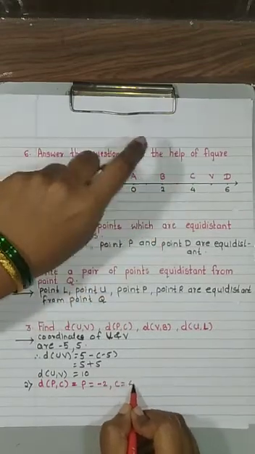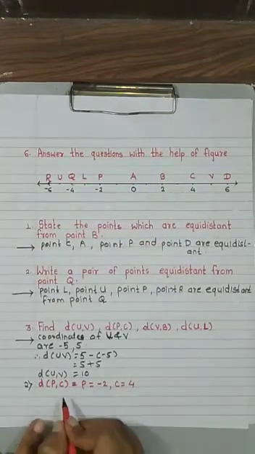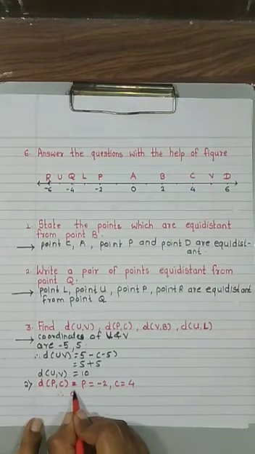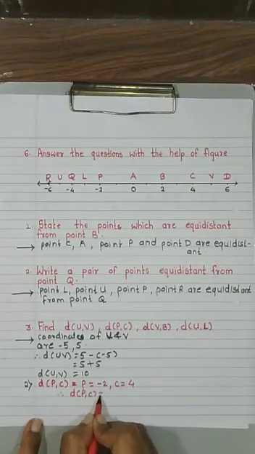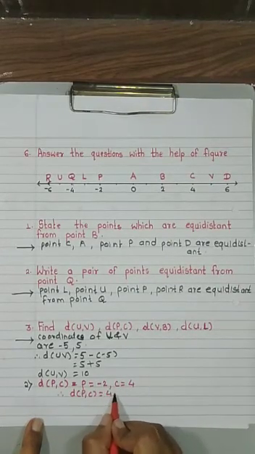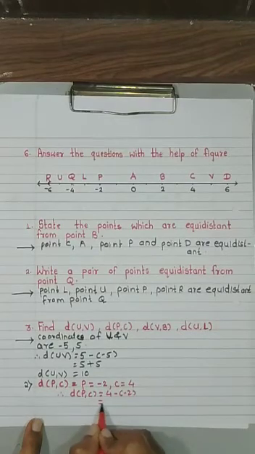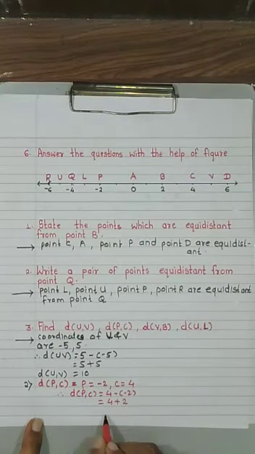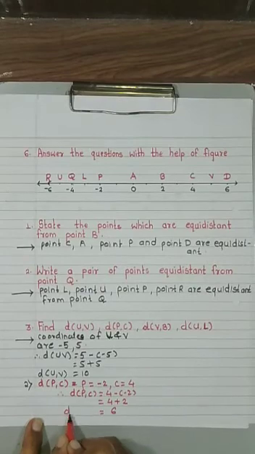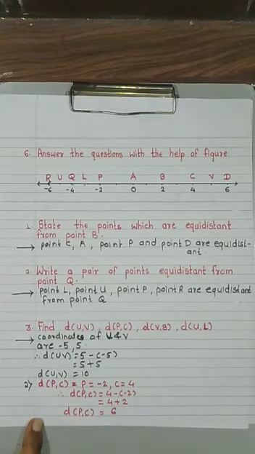Therefore distance PC is equal to 4 minus -2. That means 4 plus 2 is equal to 6. Distance PC is 6.